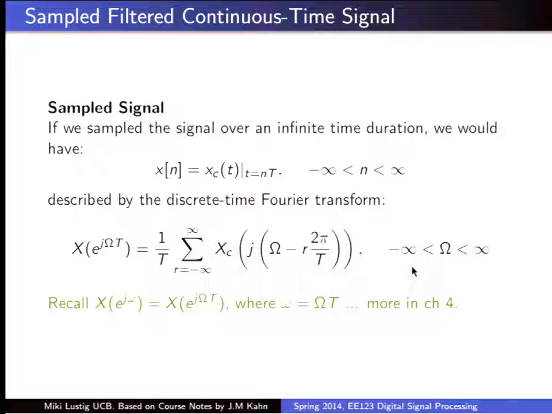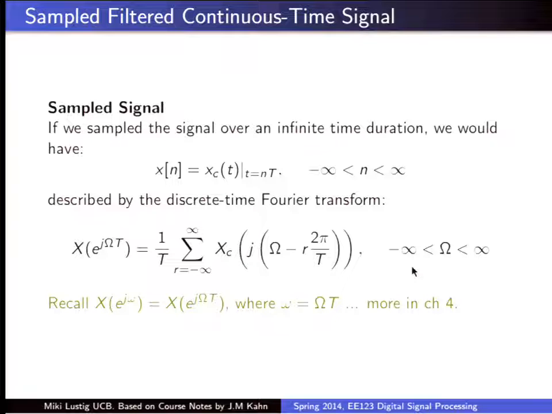So now we're sampling that signal. When we sample that signal, now we have a discrete time signal. I don't remember if we showed it to you when we talked about the DTFT, but there is a relationship between the DTFT and the continuous time Fourier transform. Effectively what you get is a kind of wrapping when you sample.